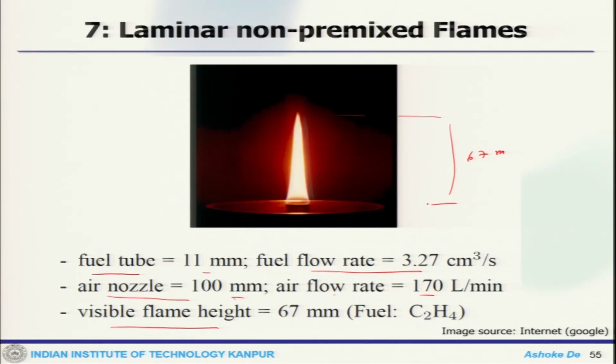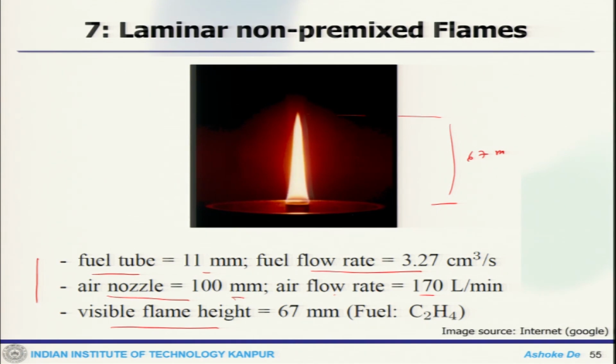So, we looked at this particular example of a simple burner. These are the dimensions of that burner: tube diameter, fuel flow rate, nozzle, and this is the visible flame height.